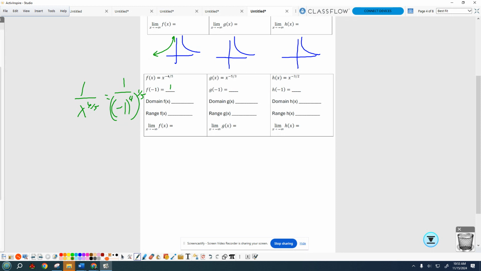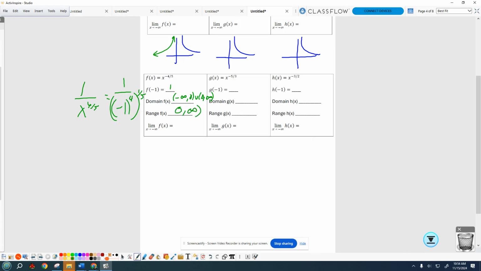What's the domain? Negative infinity to 0. Okay. Everybody except 0. Sorry, 0, you're not invited. Conchetta, what's the range? Bracket 0. Square bracket to infinity?